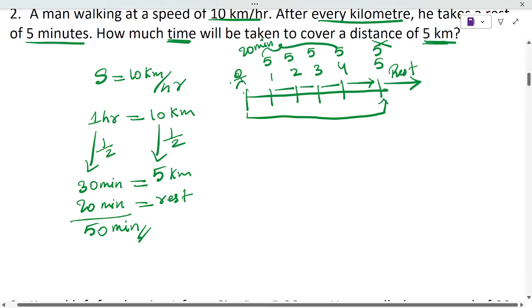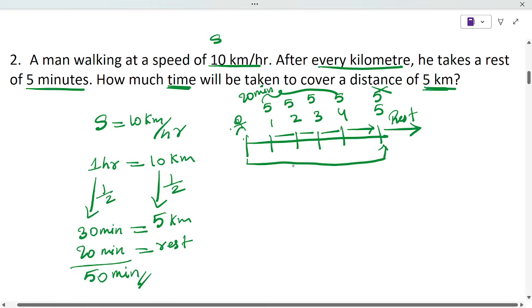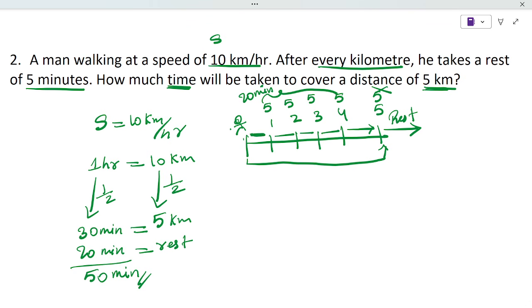Alright, I hope you are clear with this one, the rest part. I'm repeating it again. 5 kilometers, every kilometer 5 minutes rest. So for this kilometer, 5 minutes rest, even for this one 5 minutes, even for this one 5 minutes.